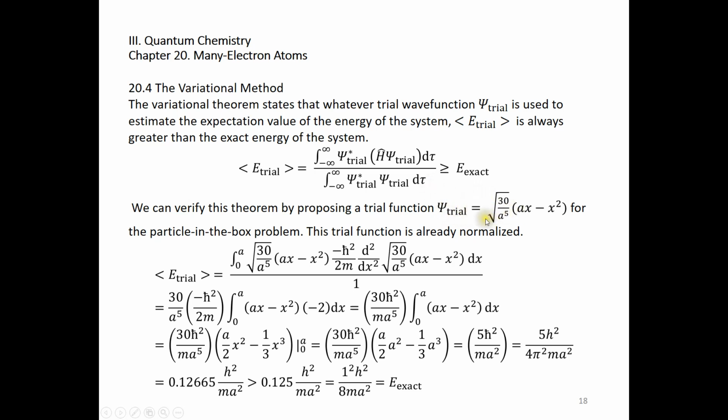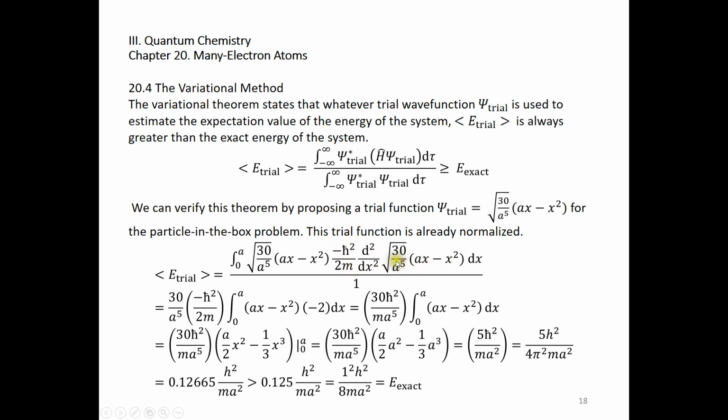So now let's use this trial wave function to get the trial energy. Again, this is normalized already. So the bottom integral is just 1. The top integral over here, we have the wave function here. And then this is the kinetic energy operator applied to the wave function.